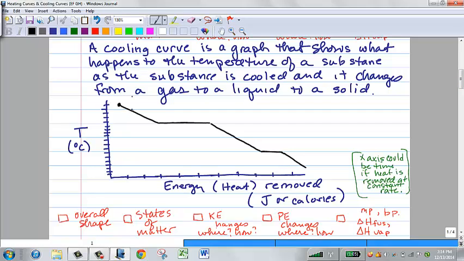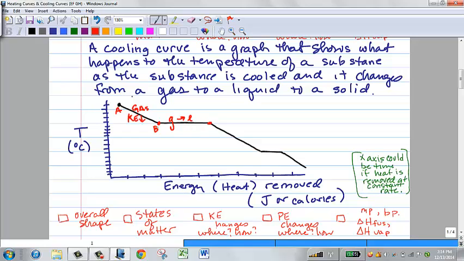Here I'm starting at a high temperature. My substance is a gas to start off with, and then from points A to B, that gas is cooling off. So its kinetic energy is dropping. And then at point B, it starts to condense, and the gas will change to liquid.